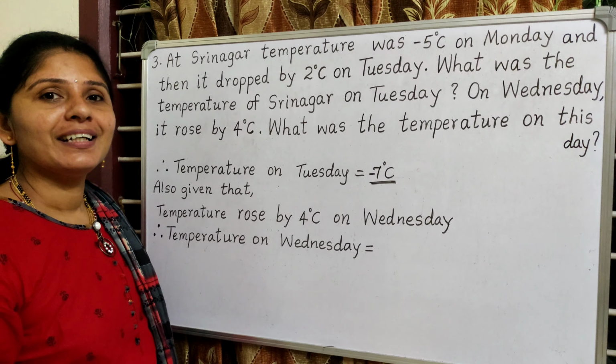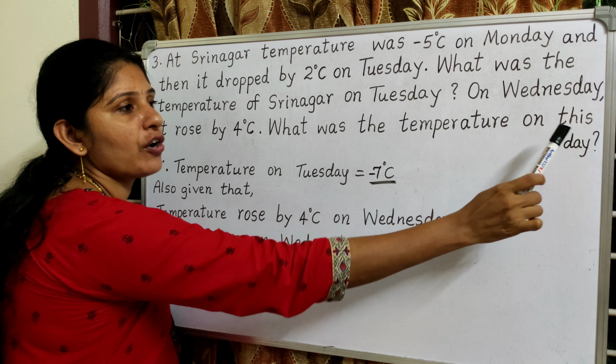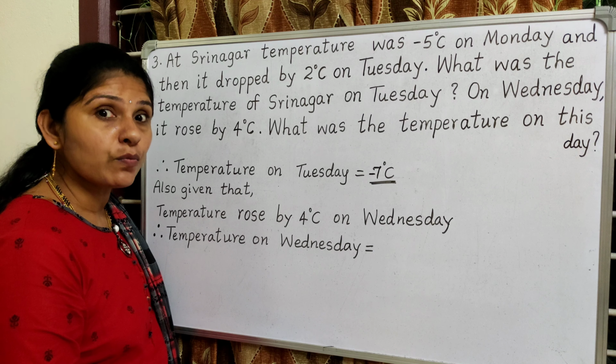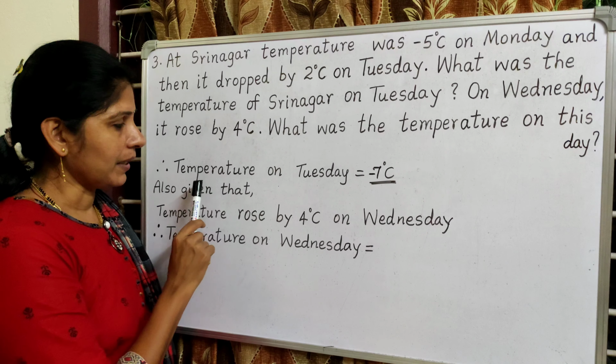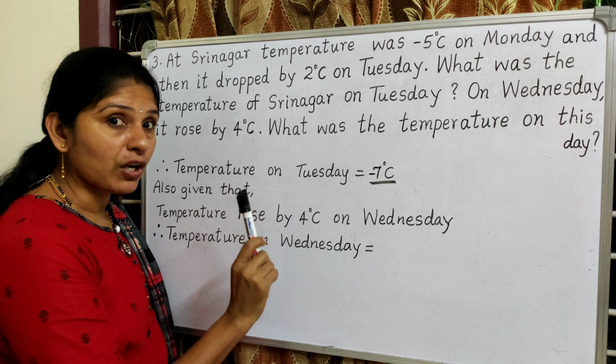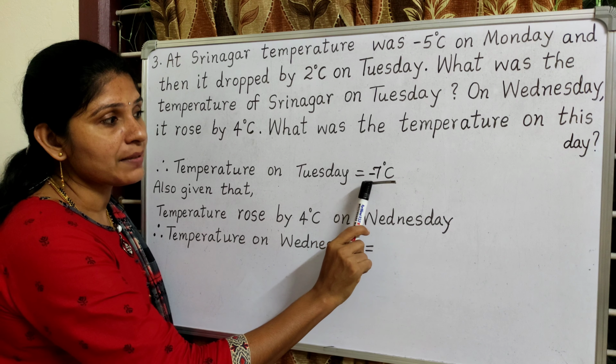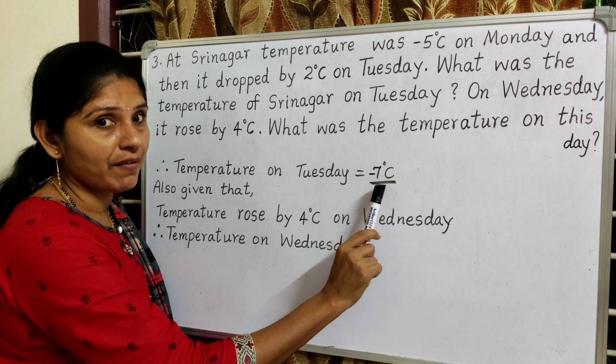Now let us find out the answer of the last question. What was the temperature on this day? This day means Wednesday. Temperature on Tuesday we already found, it is minus 7 degrees Celsius. In the question given that temperature rose by 4 degrees Celsius on Wednesday.